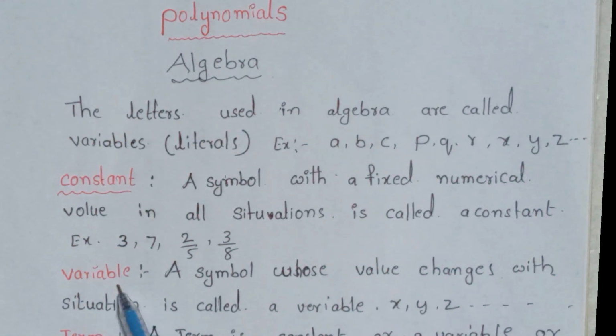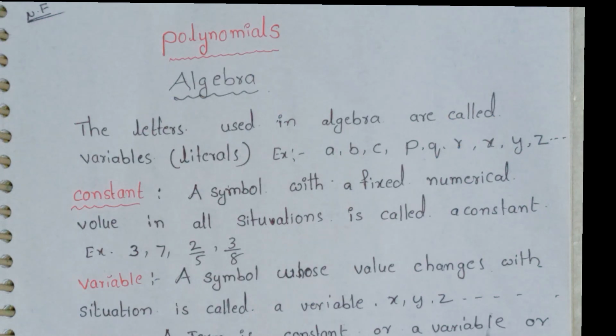Next one is variable. A symbol whose value changes with the situation is called a variable. For example, XYZ, PQR, ABC. Such letters are variables. These variables change according to the situation. For example, the value of x one time is 6 and another time 5, then 10, then 9.